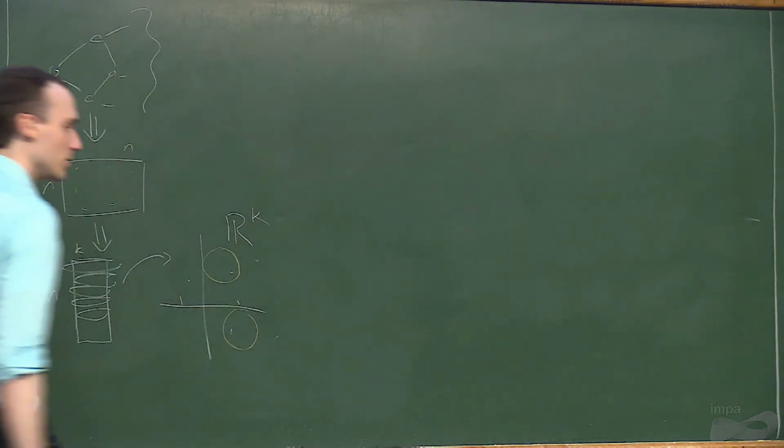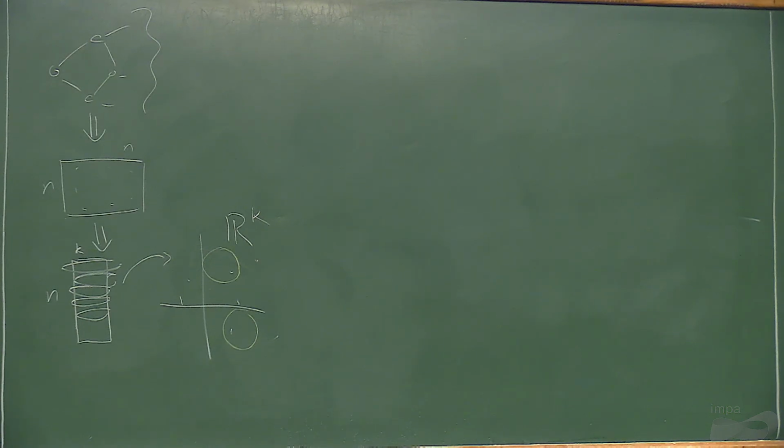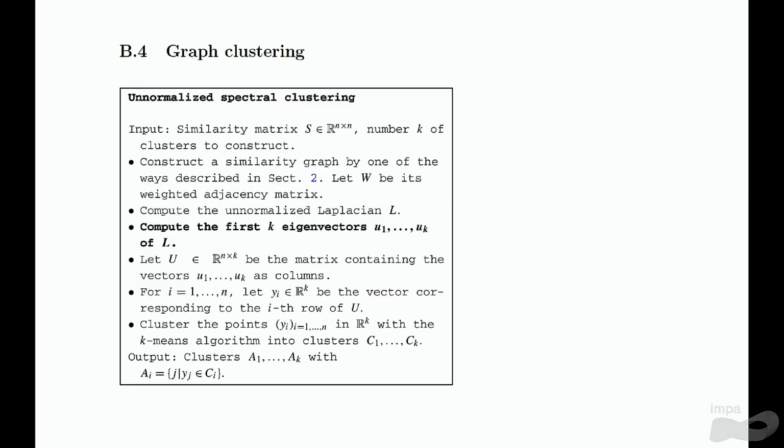Let's say k is equal to 2. These are two terribly drawn circles, right? And so procedurally, this idea is now spelled out in a variety of different algorithmic formulations.